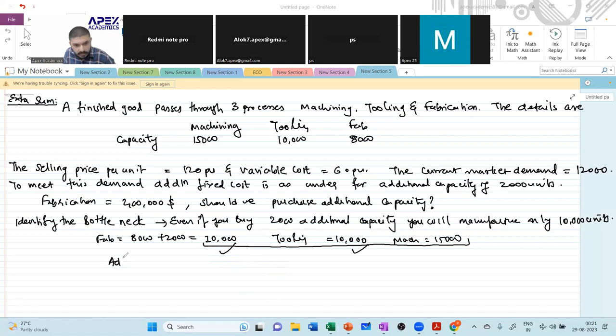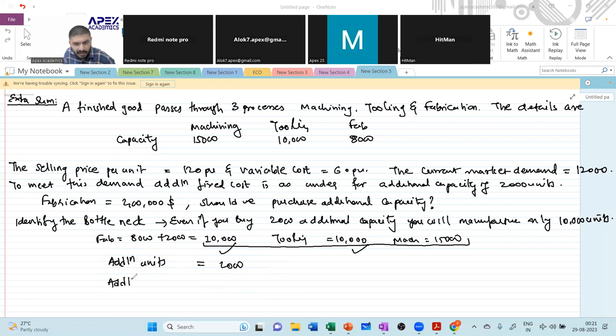So what are the additional units? Additional units are 2,000. What is the additional contribution? Alok, speak to me. Alok, is it necessary for me to calculate variable cost here? No, I can straight away take contribution. What is this?